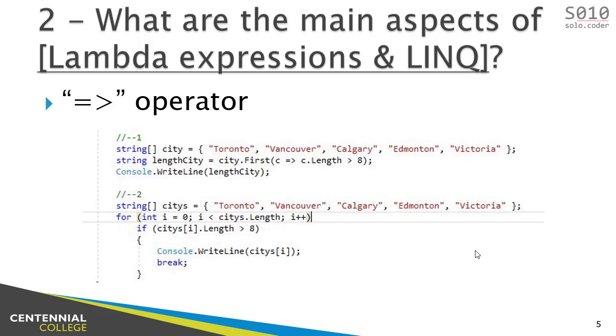It's getting the first element of the data set that matches this condition. Let's look at the condition. So, by the way, this can be any name, as long as whatever you put before the lambda sign matches the same name that you put afterwards. This could be X, but this has to be X as well. It's almost like you are declaring a variable there and you are using it right away.